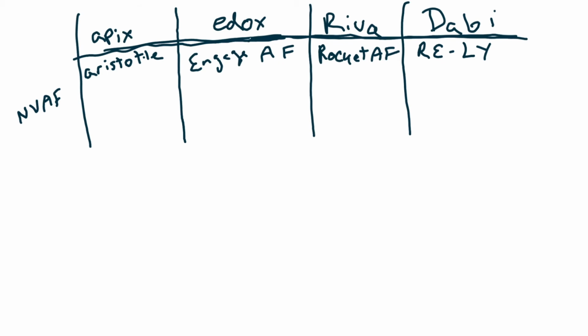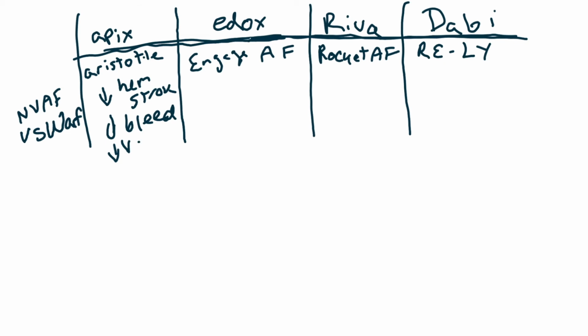The first is the use in non-valvular AFib, and in these studies, the DOACs were compared to warfarin. In the ARISTOTLE trial, which looked at apixaban, there was a decrease in hemorrhagic stroke, a decrease in fatal bleeding, and a decrease in vascular mortality.